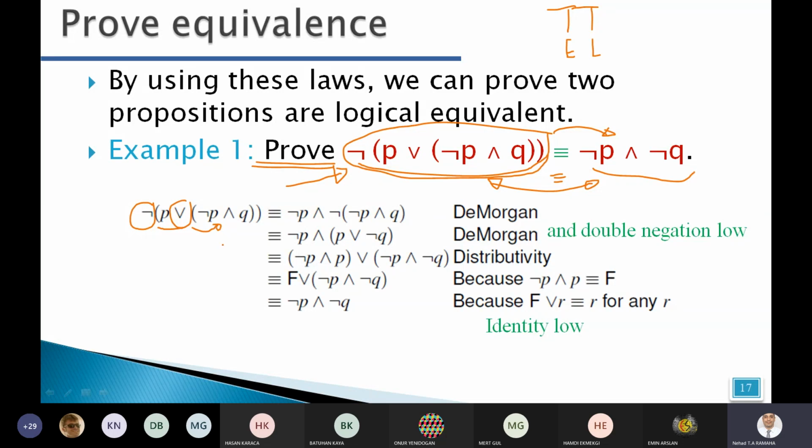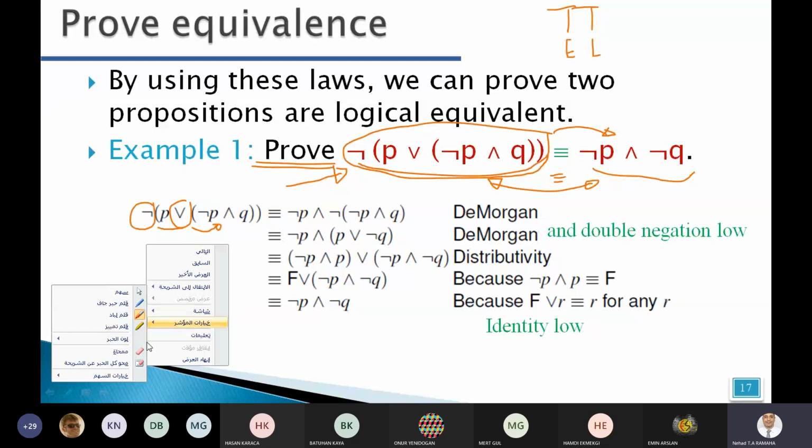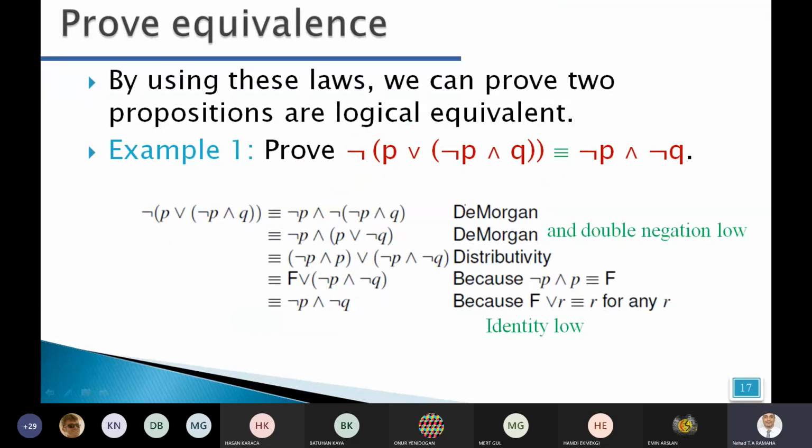So if we apply De Morgan's law here, so we have not, and we consider this part.